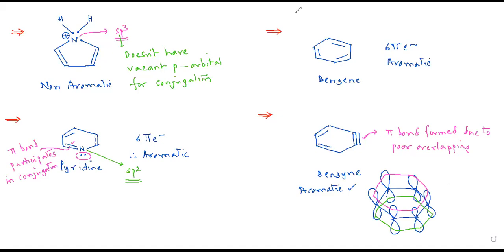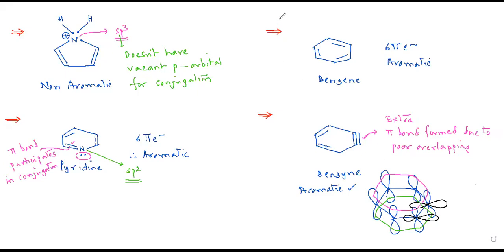Now coming to the extra pi bond. Look at the way it is formed. This way. See, the p orbitals are perpendicular to the plane of the ring.